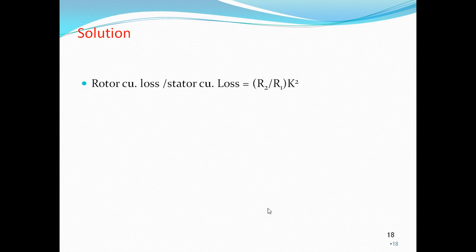If you take R2 by R1 common, then we get I2 by I1 whole square, which is nothing but the transformation ratio K. This is a different problem.